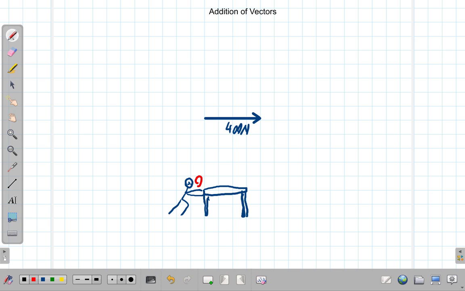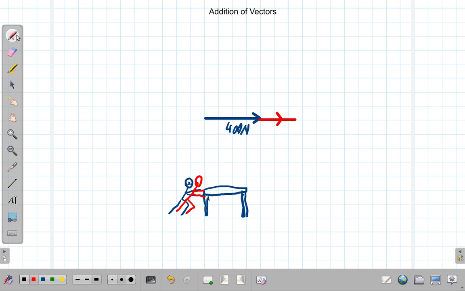So this is your friend helping you to push the table. Alright? And your friend is exerting a force of, say, 300 newtons.